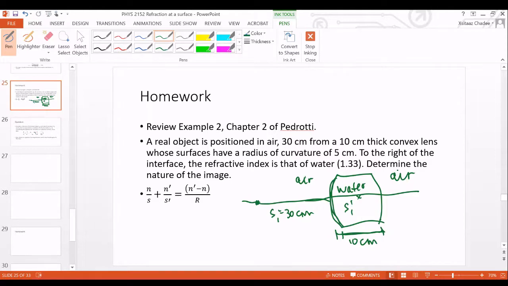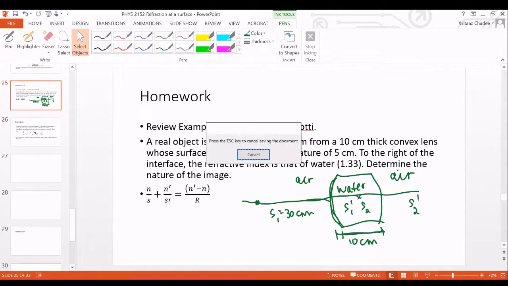This acts as an object for the second surface. So you'll have an S2, and then the final image forms outside, or possibly inside the water itself. I'd like for you all to review this from the Pedrotti. So that's one question.